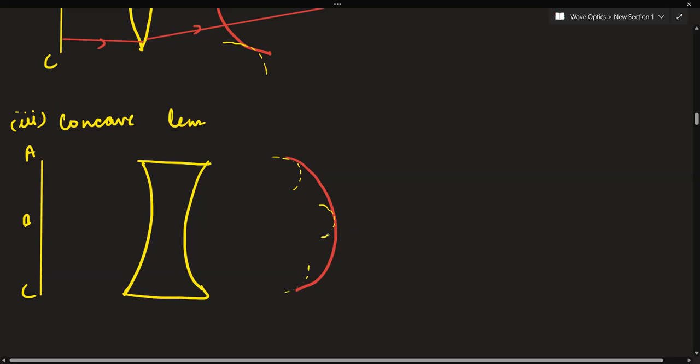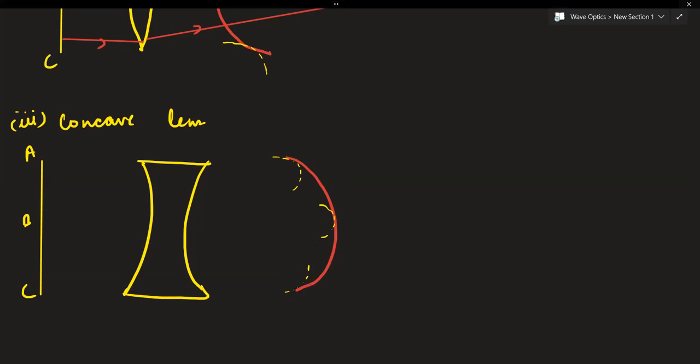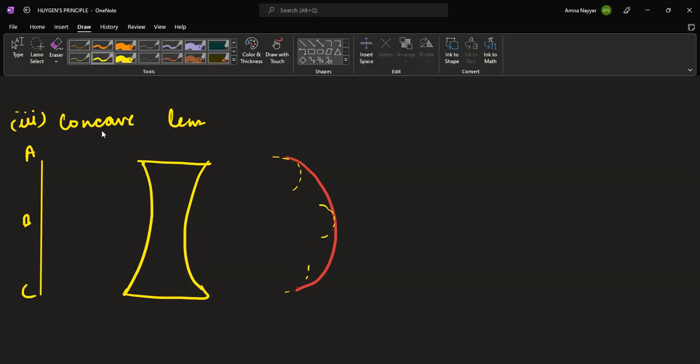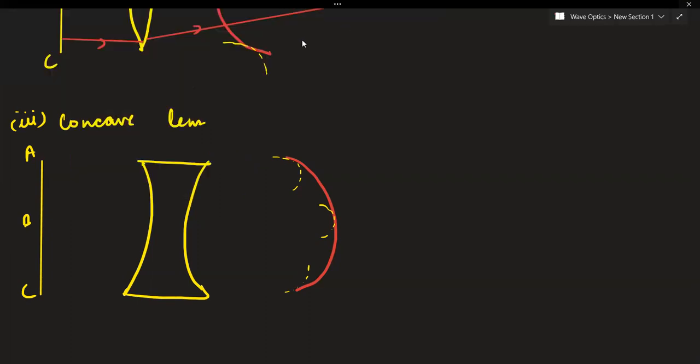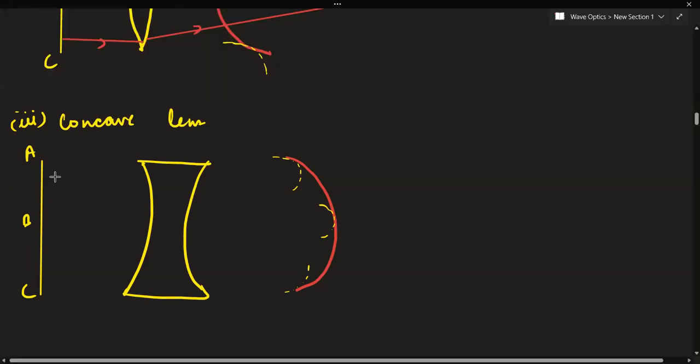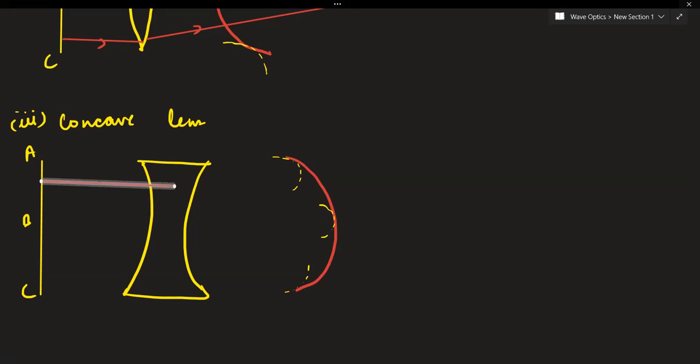And for C portion, this will be similar to A. Let's say I have drawn it reversely because it becomes difficult to connect all of them. Otherwise, first you need to draw these and then you connect all those. And if I draw it for the rays, from the A, it will reach over here.